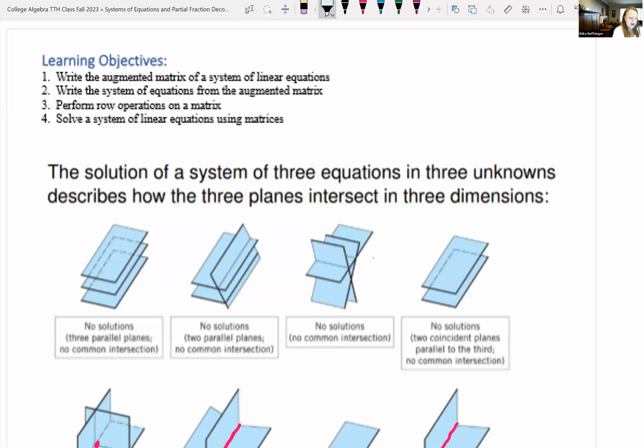So you should be able to write an augmented matrix of a system of linear equations. You should be able to write a system of equations from the augmented matrix. So given the matrix, you should be able to write those equations down. You should be able to perform row operations on your matrix. Matrix is just the singular for the word matrices, and I'll define matrix in a second. And solve systems of linear equations using these matrices.